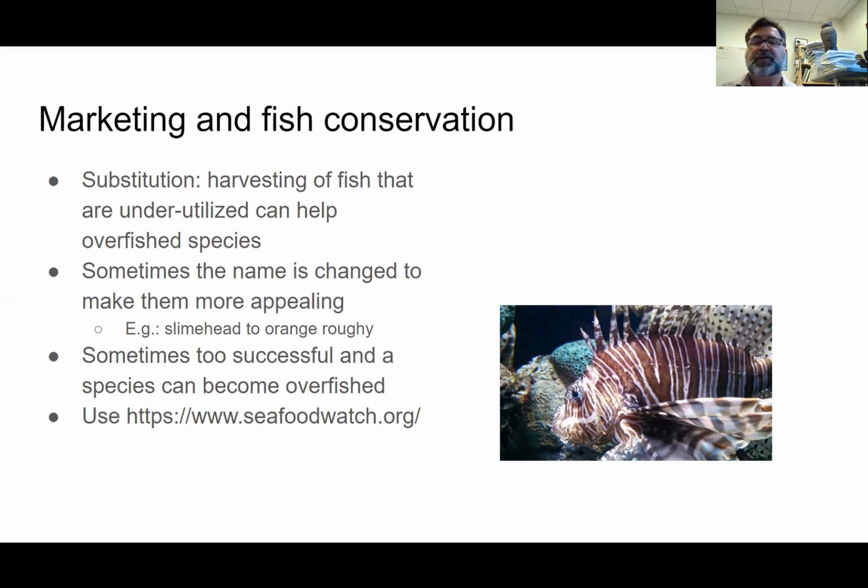This is a species that will get into coral reefs and will eat all the juvenile fish, so it's not a good fish to have around. If you're interested in these topics on what marine fish you should eat and from where and how it's raised, you can always go to seafoodwatch.org and get more information.